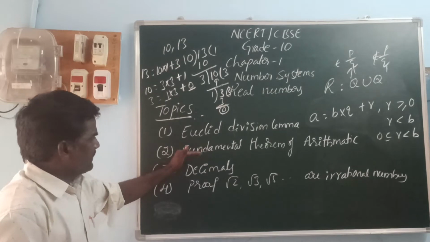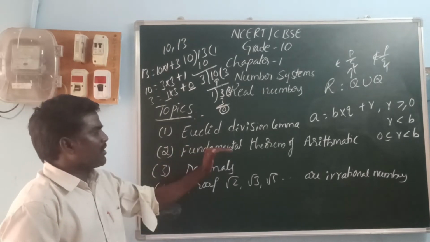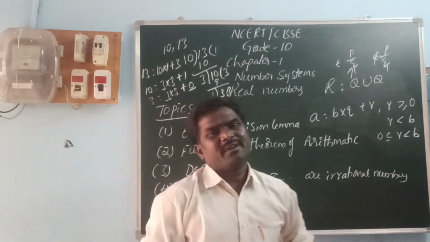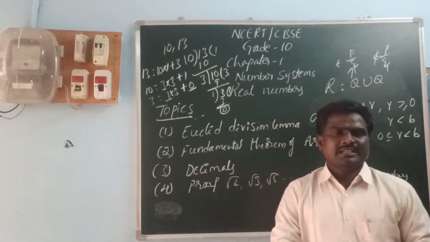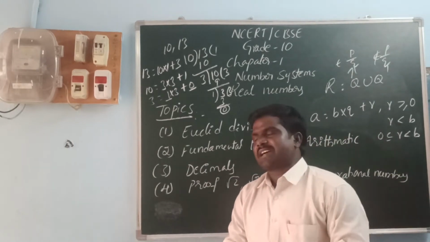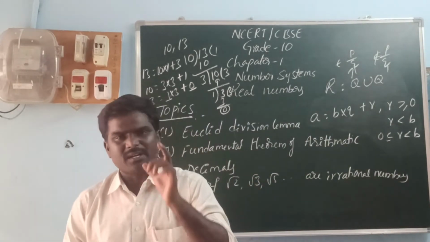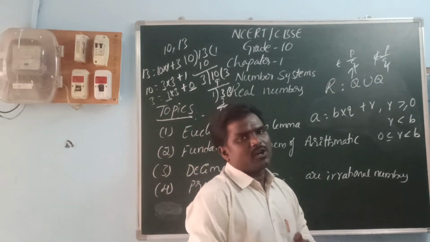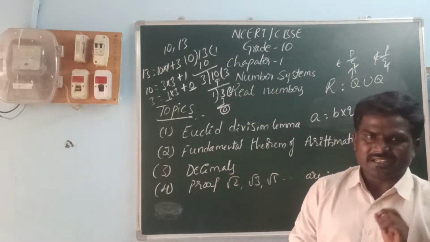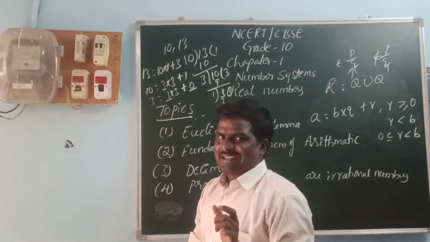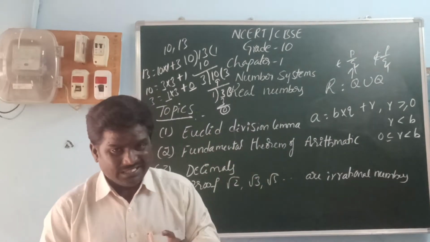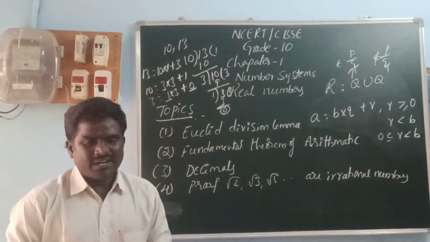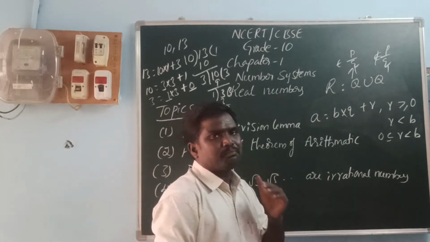Next, the second topic, fundamental theorem of arithmetic. Fundamental theorem of arithmetic means any composite number can be written as a product of powers of prime numbers.